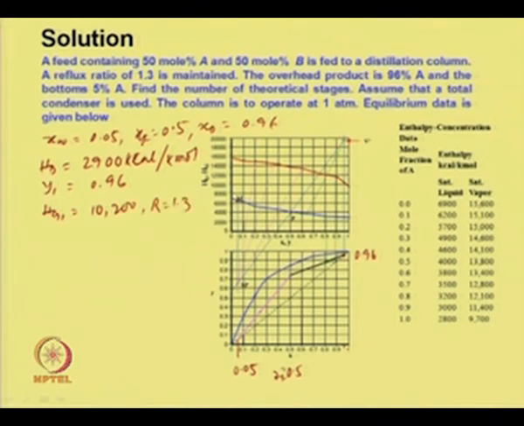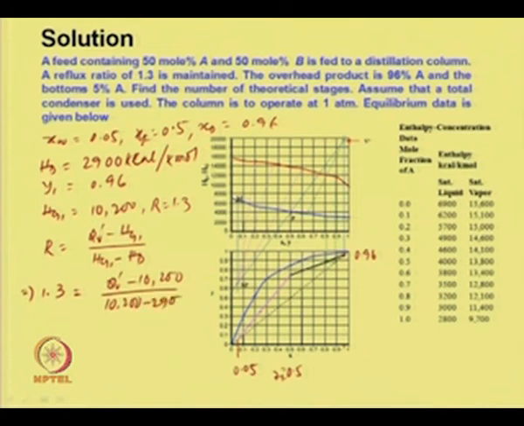Now, we use R is equal to QV dash minus Hg1 divided by Hg1 minus HD. So, 1.3 would be equal to QV dash minus 10,200 divided by 10,200 minus 2900.